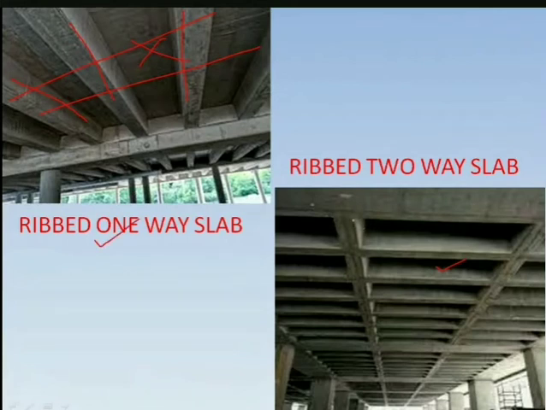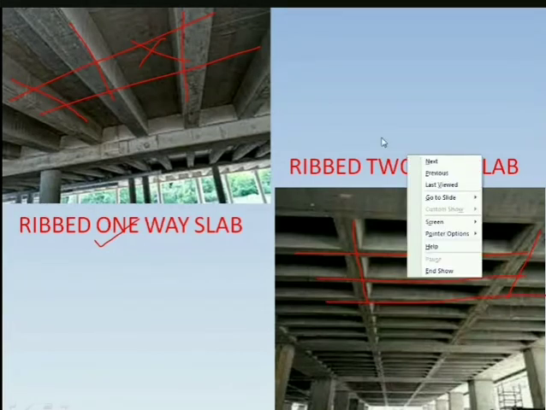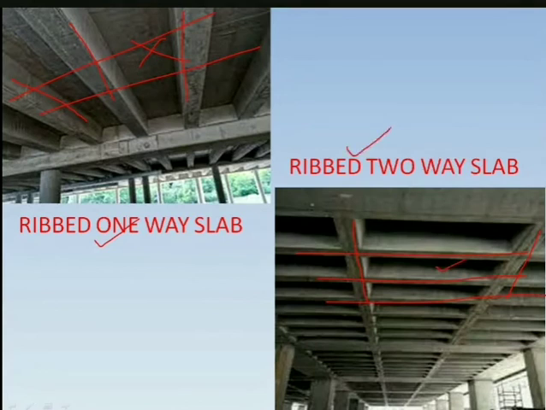Whereas when you go here, you see that ribs are here, and in the horizontal direction also ribs are there. So this is nothing but your two-way ribbed slab. These observations, I think from now on you should be able to make whenever you go to any function in a marriage hall, Mangal Karyalaya, or any big structure.